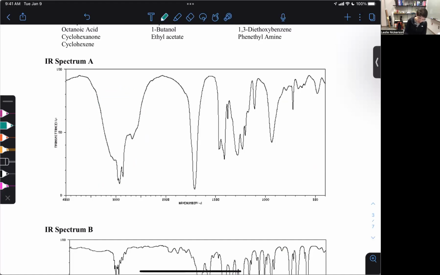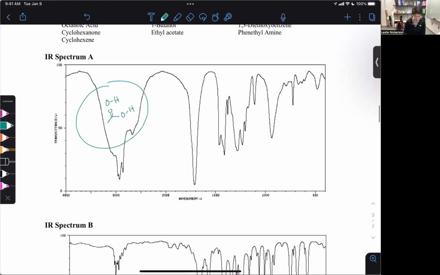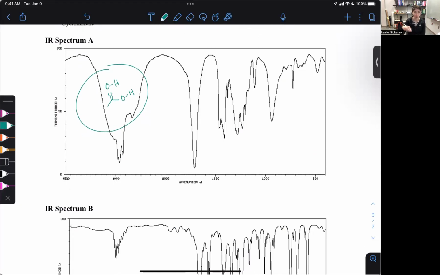So what that's telling me, just based on how large that is, that's an OH peak for sure, probably from a carboxylic acid. Okay, and you can tell all of this just by comparing things to the table up there. I have most of it in my head at this point, so I'm not going to spend a bunch of time scrolling back and forth because it's just going to be annoying for you to watch.